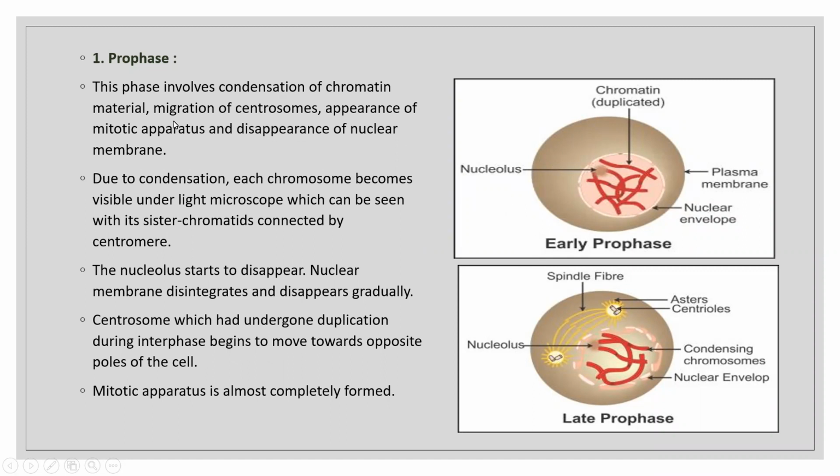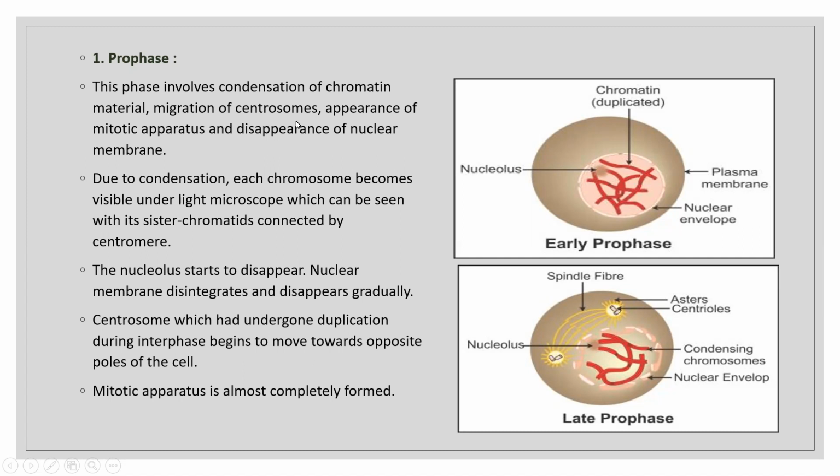Basically, prophase involves condensation of chromatin material. Chromatin material basically deals with chromosomes. Initially, in early prophase, the chromosomes are in the form of long thin thread-like structures, which is also called chromatin material. So the chromosomes, you can see, are in the form of long thin thread-like structures.